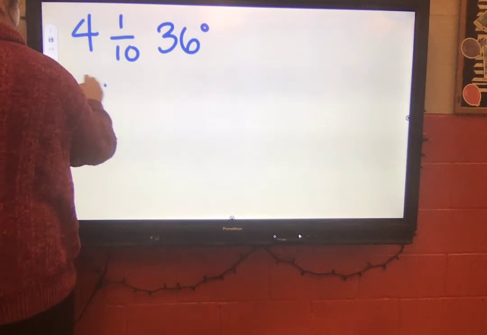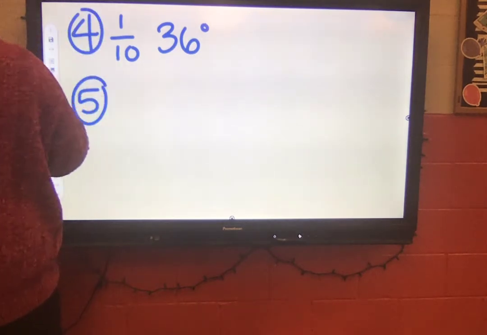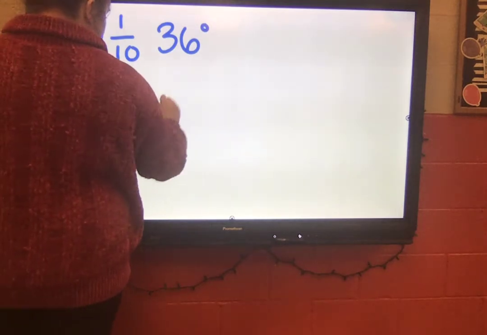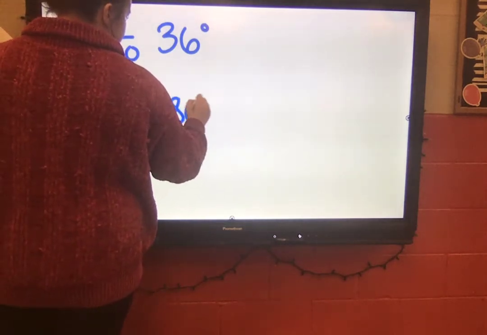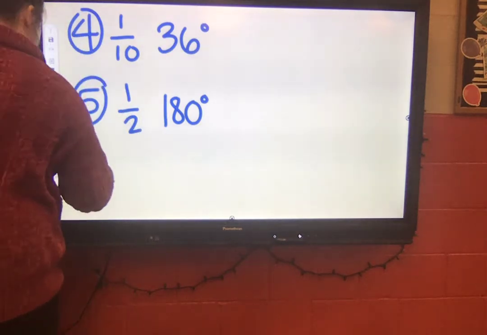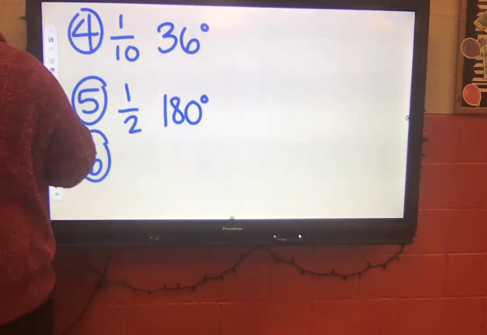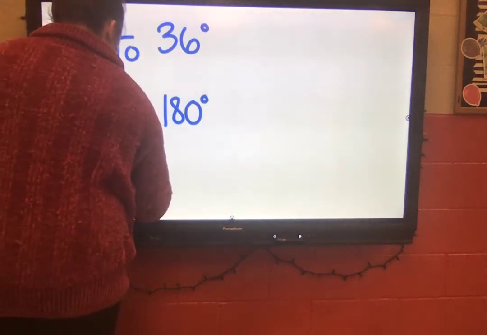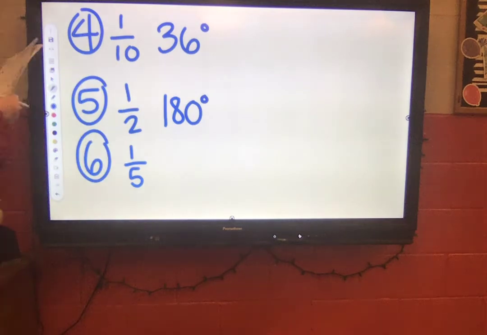Number 5, you should have 1/2 and 180 degrees. Number 6, you should have 1/5 and what should we have for our degrees?